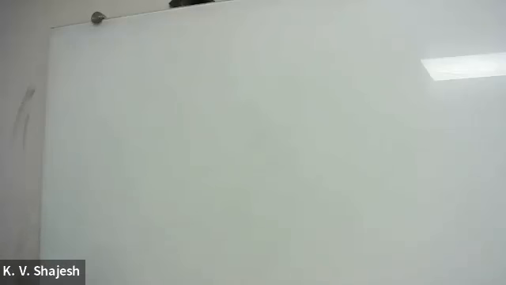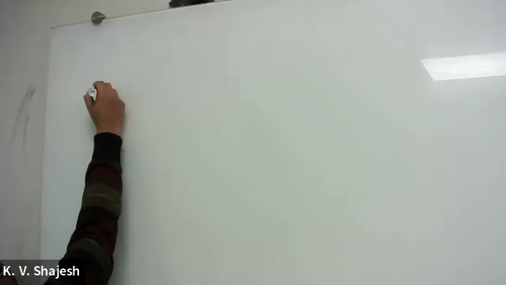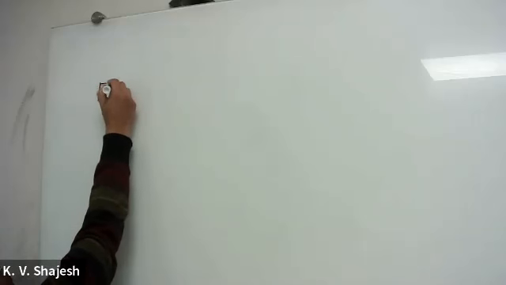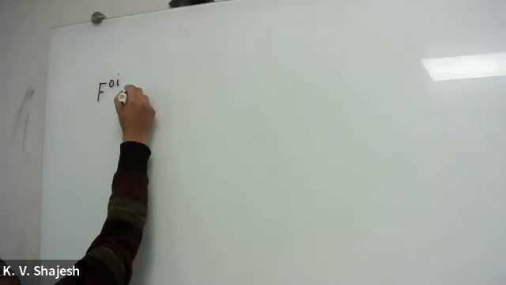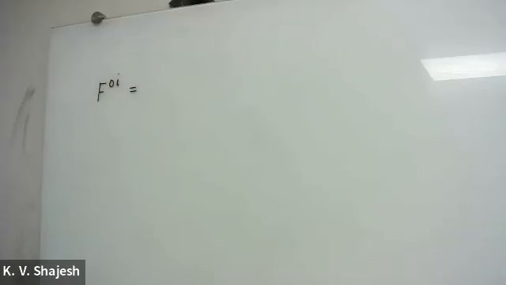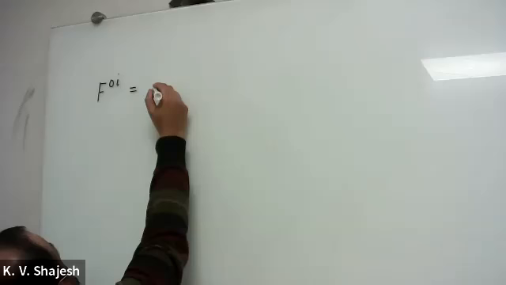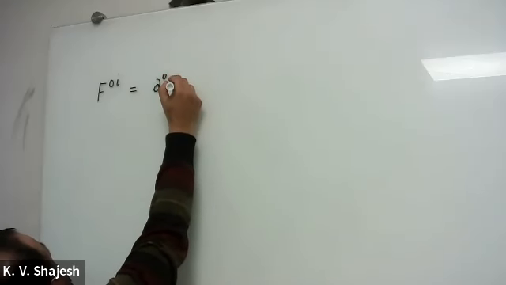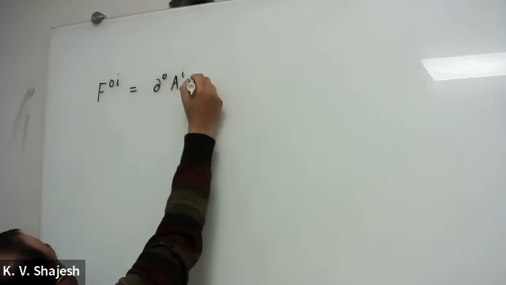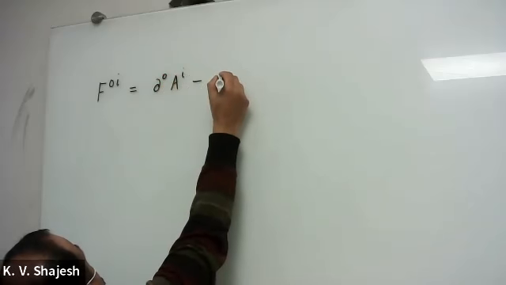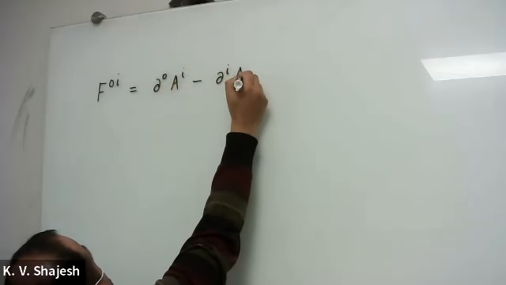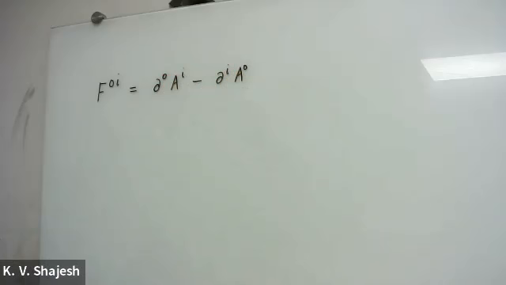So let's look at F01, but instead let's call it F0i, where i is 1, 2, 3, so I have 3 components. By definition, this is the derivative 0 of A^i minus the derivative i of A^0. Is that clear?